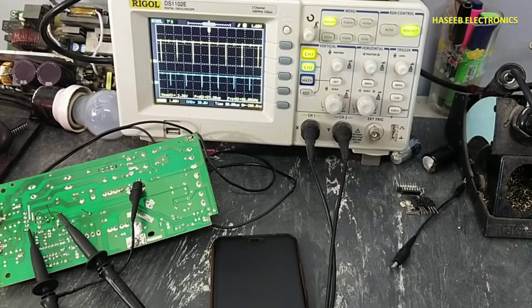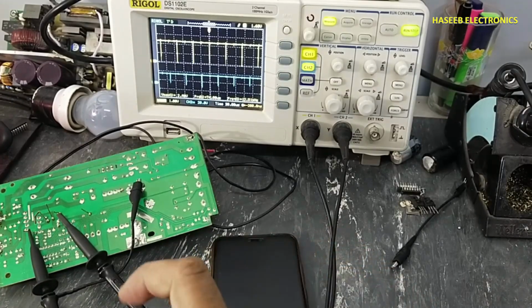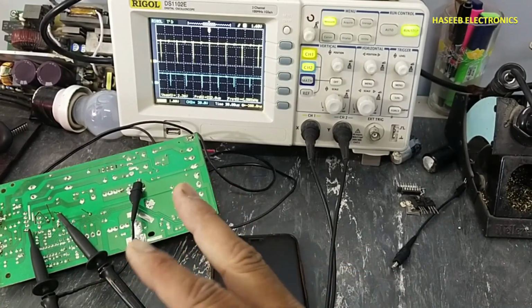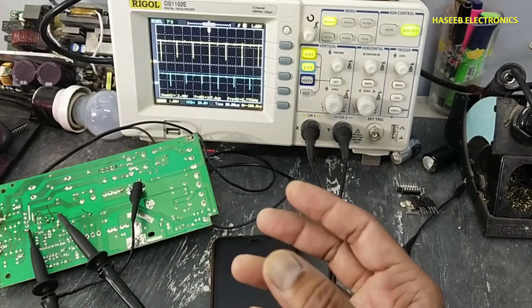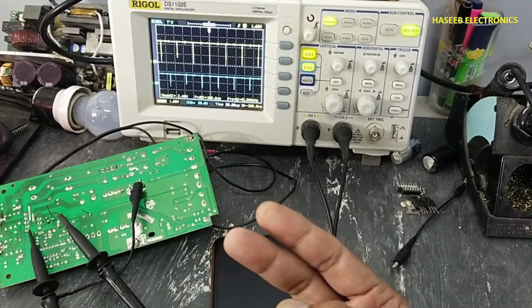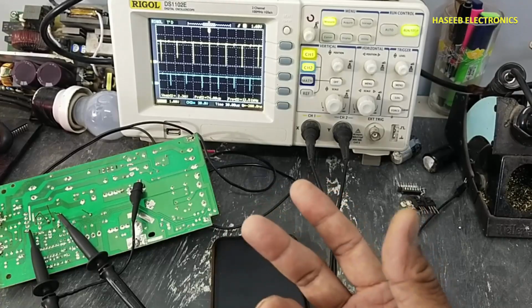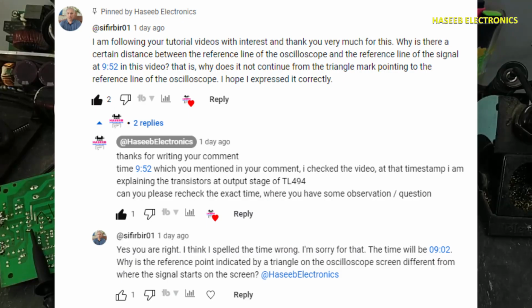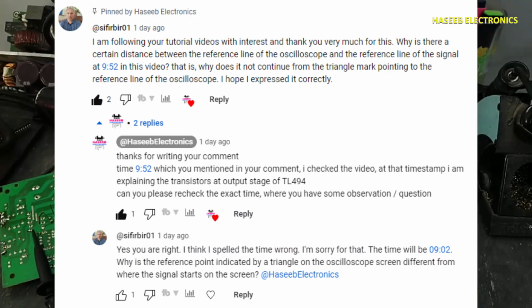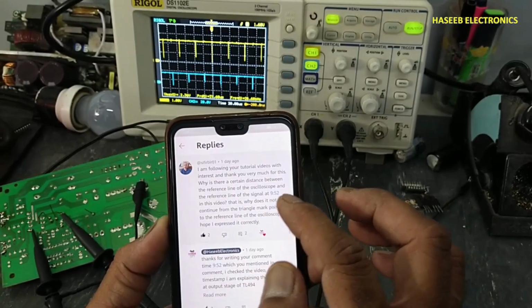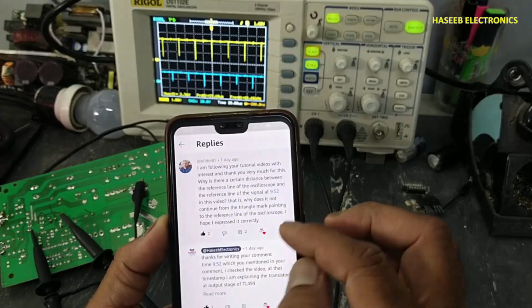In my last video I explained how we can test push-pull drive for any power supply, for any circuit which has two transistors, two MOSFETs, two IGBTs, whatsoever. I received a comment from my viewer. He said that there is a certain distance between the reference line of the oscilloscope and the signal.